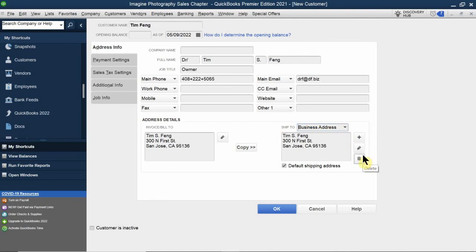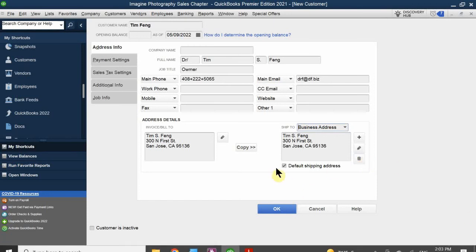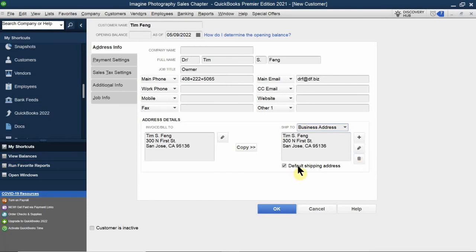Especially if you do this online, you can choose that every time they open up an account, they save the address on there so they don't have to keep typing it over and over again. But if they're calling in, you can either say, hey, I want this to ship to XYZ, okay? And then, of course, you have this little thing right here saying this is the default shipping address.